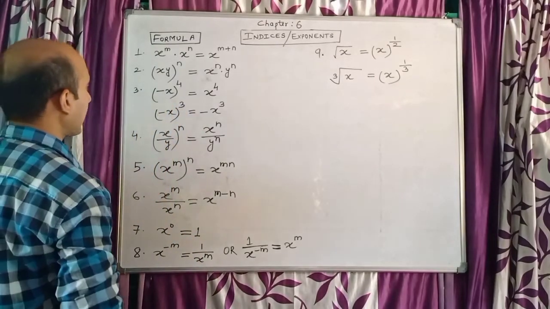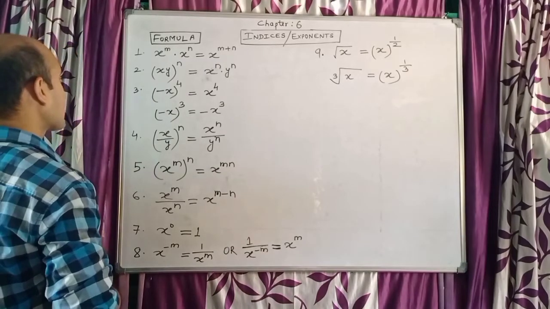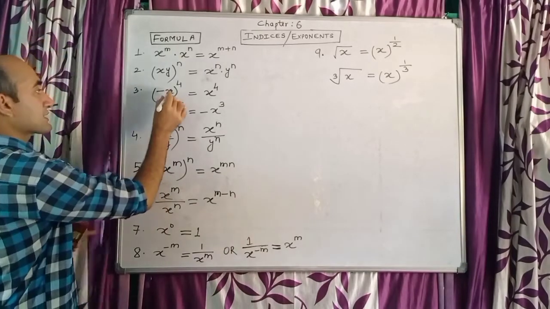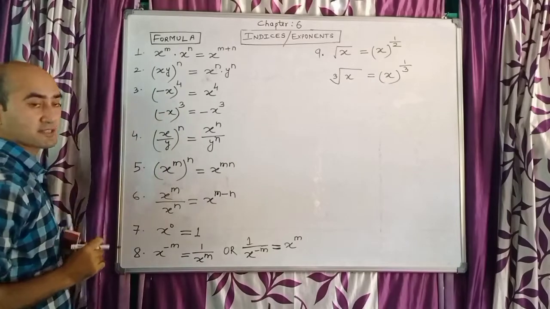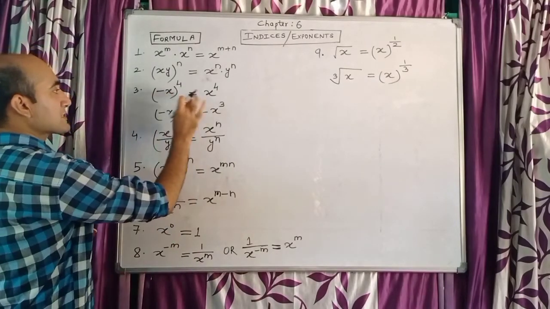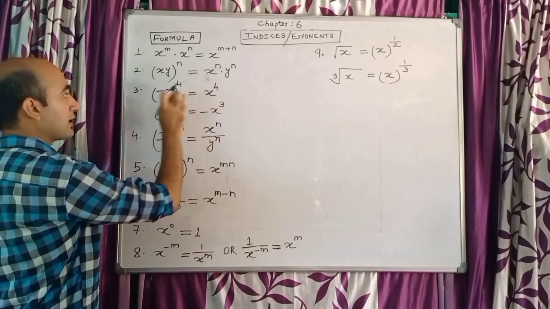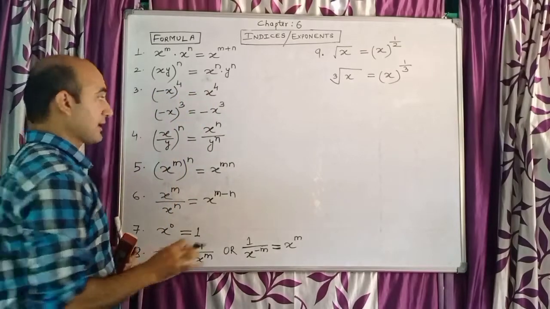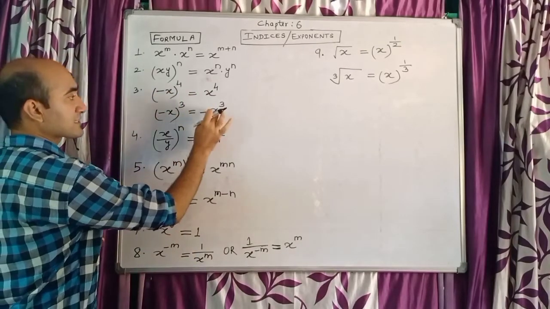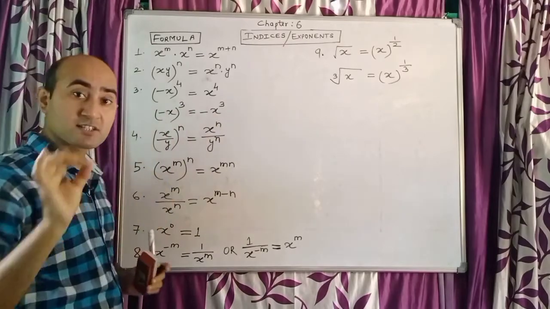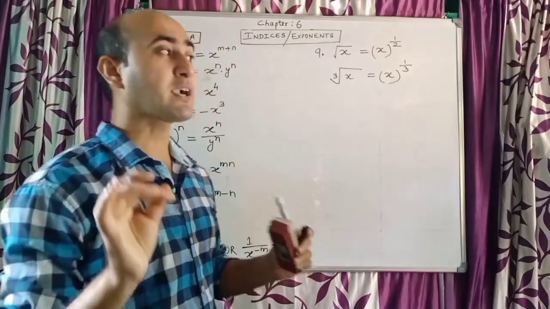Now you can see the result is x power 4, minus is missing, and here the result is x cube but minus still exists.